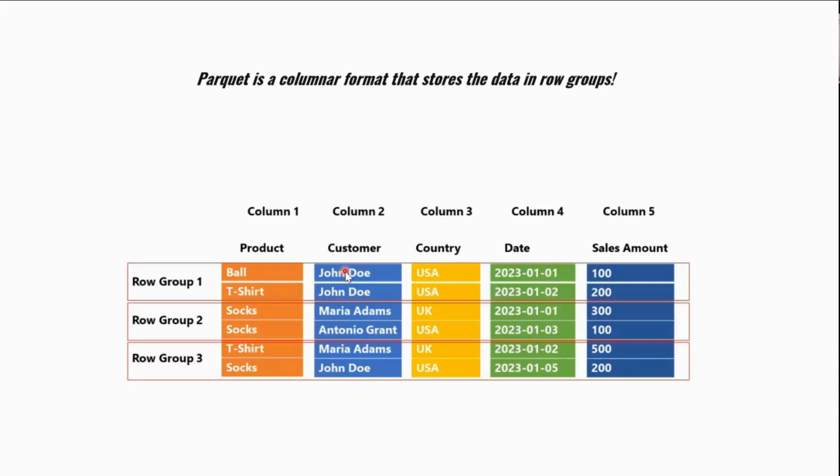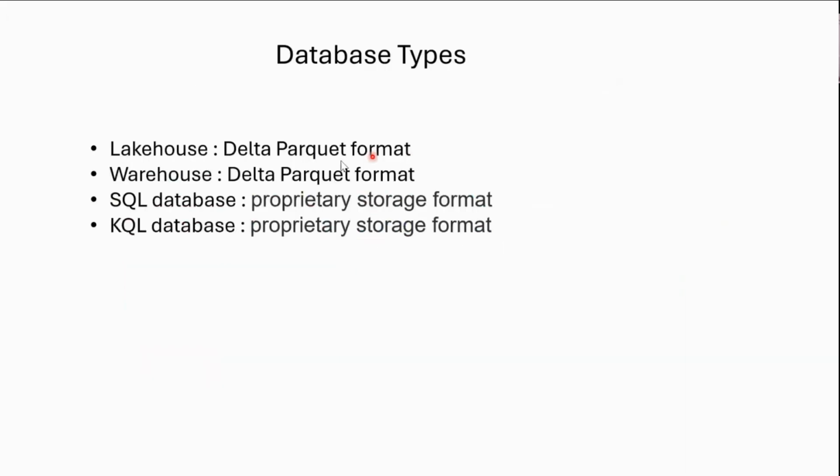Now, in Microsoft Fabric, there are 4 types of databases today. There is something called as a lakehouse. There is something called as a warehouse, SQL database, and KQL database. Once we deep dive into what Microsoft Fabric is, at that time we'll cover each and every database type.